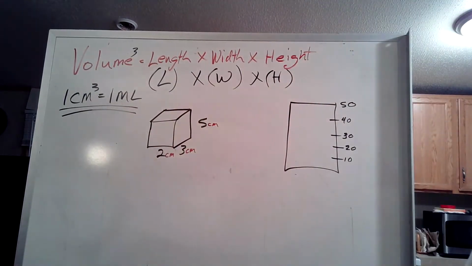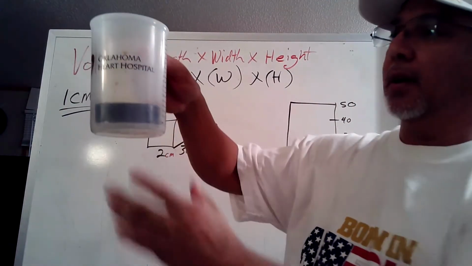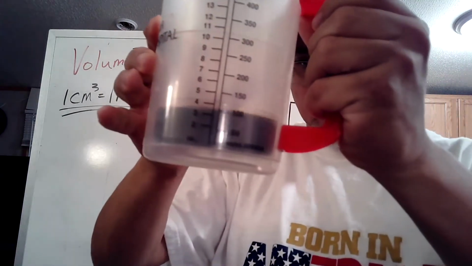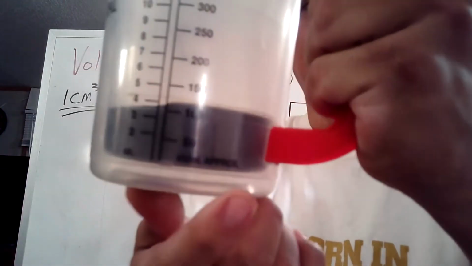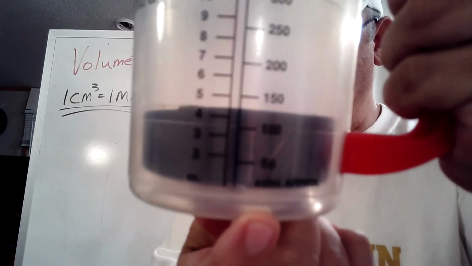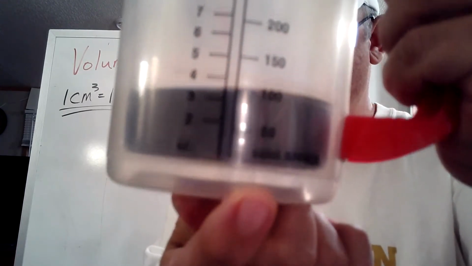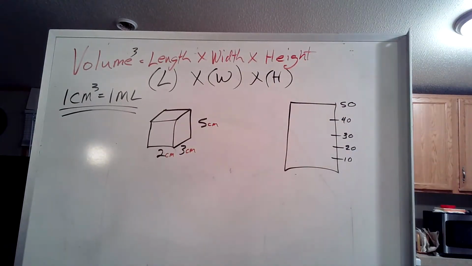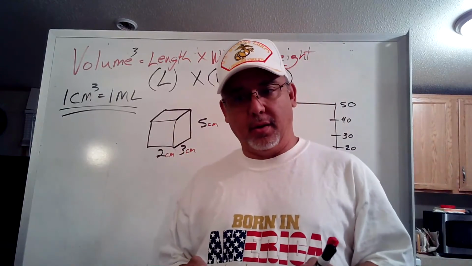Now, if I was magical and I was able to take my ice cubes and convert them into a liquid, and if you look, this is milliliters over here, so that's roughly going to equal 100 milliliters.